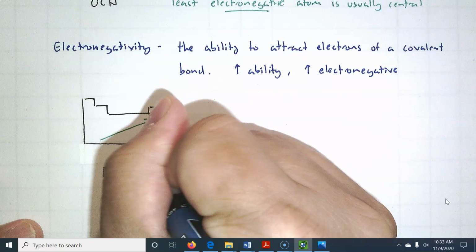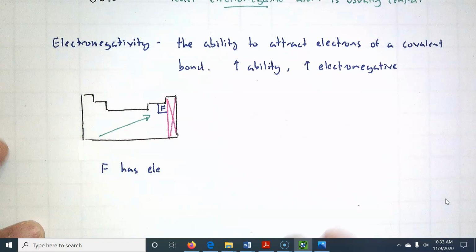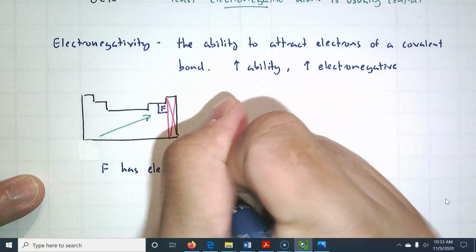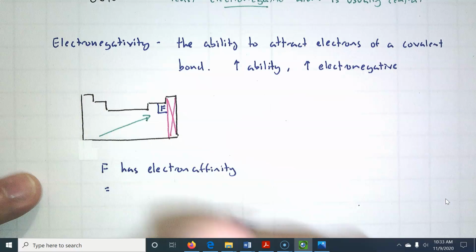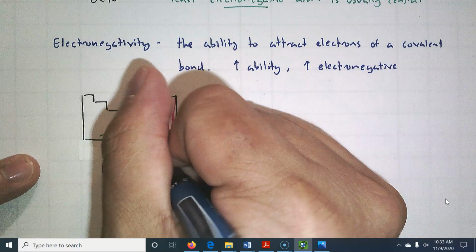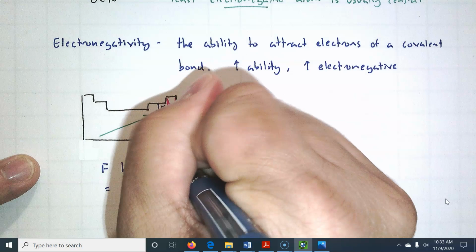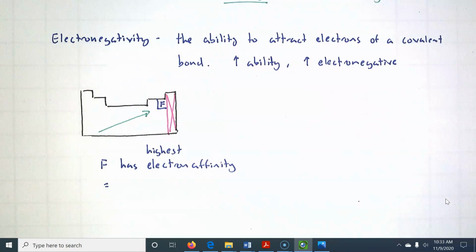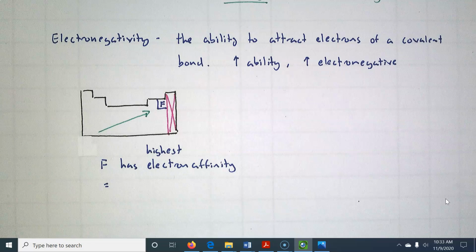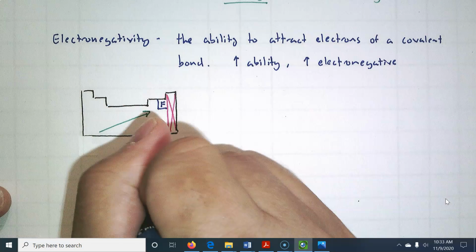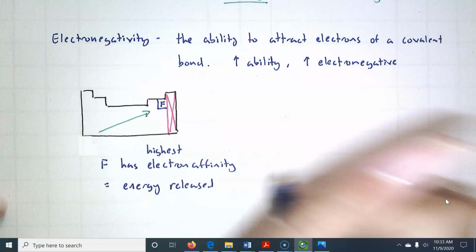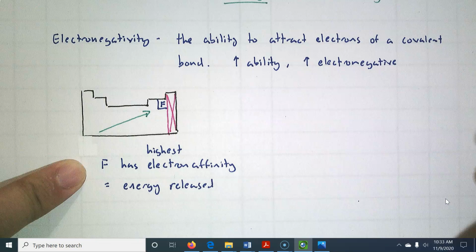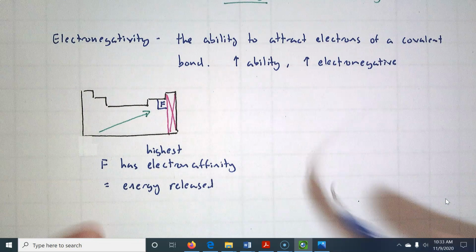We've talked about electron affinity in a previous unit. But just as a reminder, it is the energy released when an atom gains an electron. The higher the energy released, the more likely that atom will gain an electron.